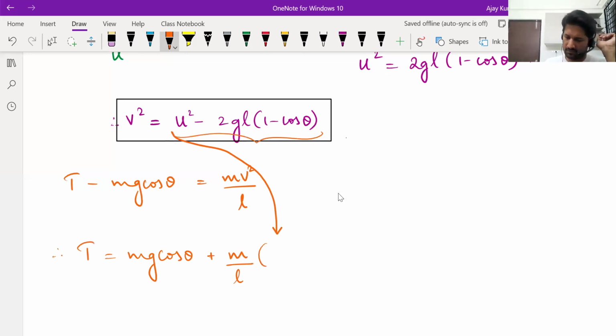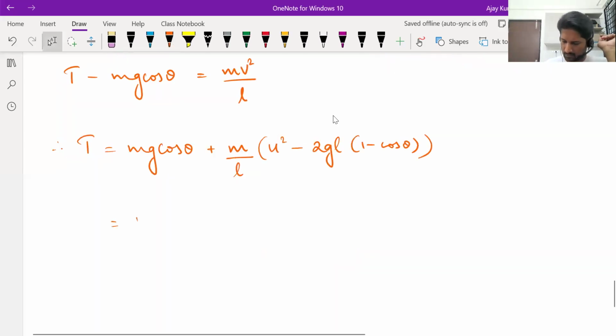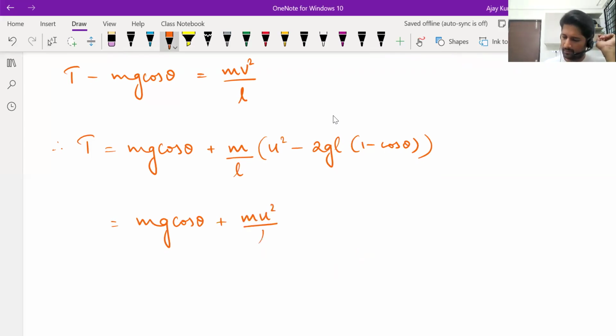I'll write it as m by L into, in place of v square, we'll substitute all this. So u square minus 2gL into 1 minus cos theta. So this becomes mg cos theta plus first term m u square by L minus, m will get multiplied, it becomes 2mgL divided by L, that L will get cancelled, 2mg into 1 minus cos theta.